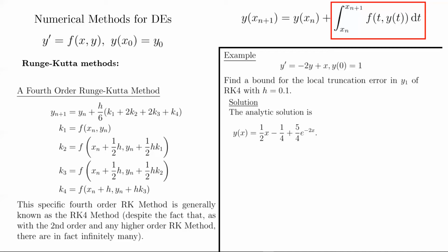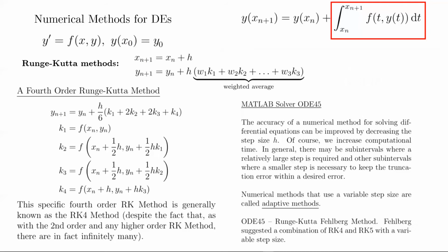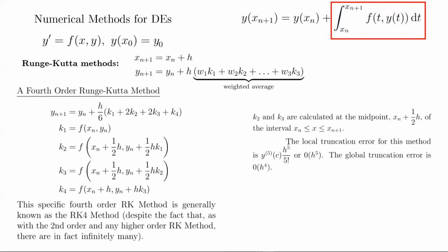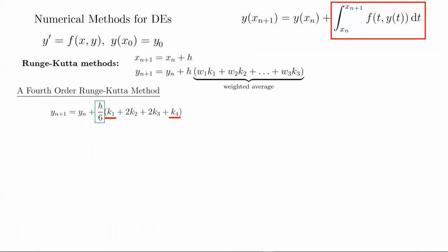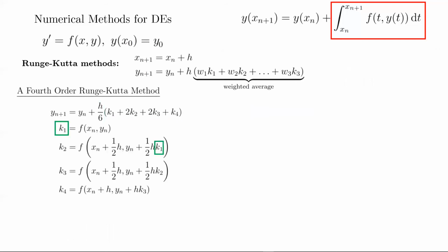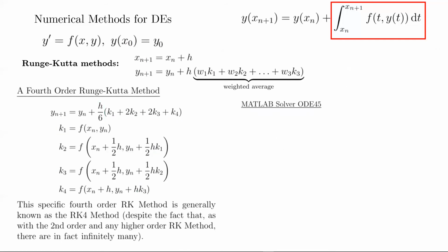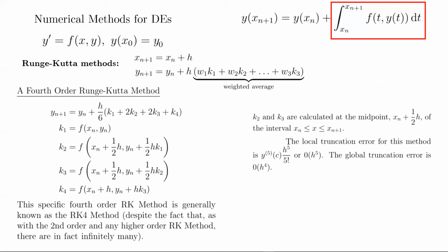Let's go back a few slides to show you that the local truncation error for this method is the fifth derivative of y evaluated at c, where c is between xn and xn plus 1, times h to the power of 5 over 5 factorial.